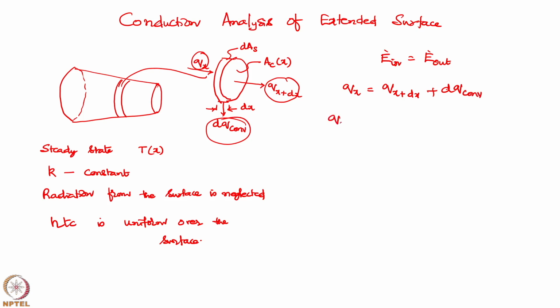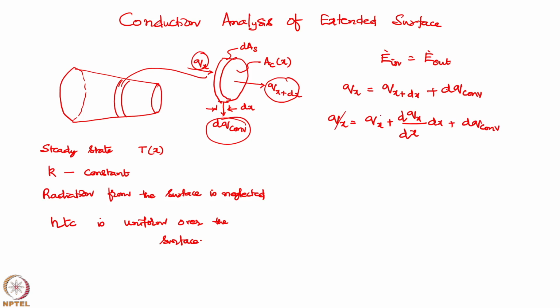So Qx equals Qx plus dQx by dx into dx, written as an ordinary derivative because this is a function of x only, plus dq convection.